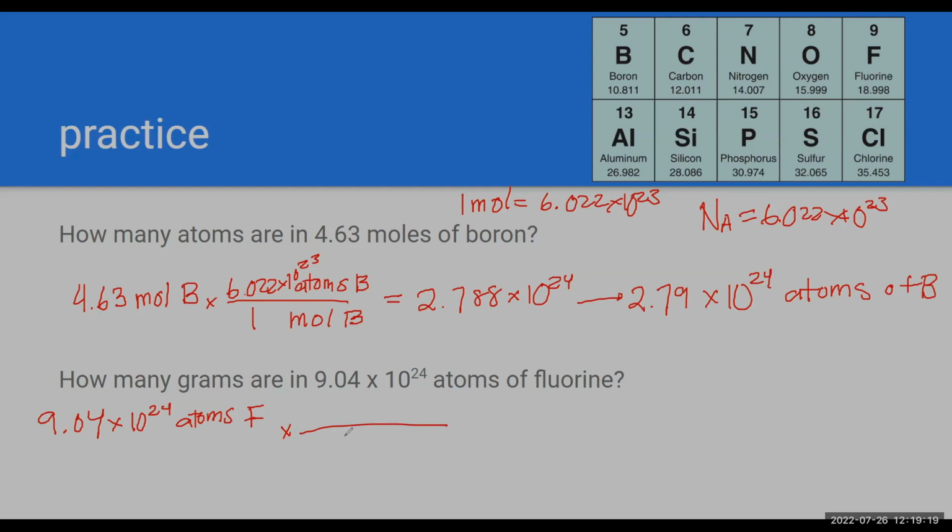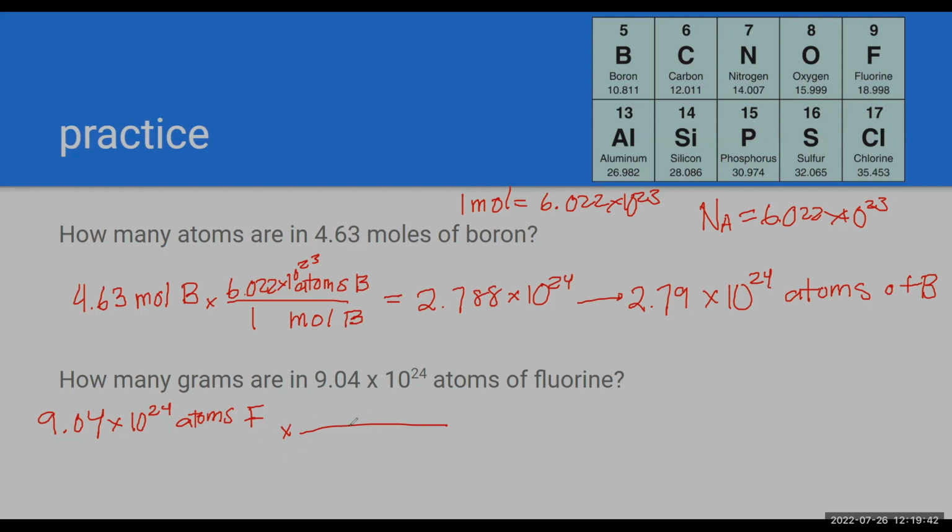And so logically, what I remember is that 1 mole is equal to 6.022 times 10 to the 23 atoms. And then we also know that a mole of an atom is equal to its atomic mass units, but in grams, basically. So if you can make that connection, this problem becomes a lot easier to solve.